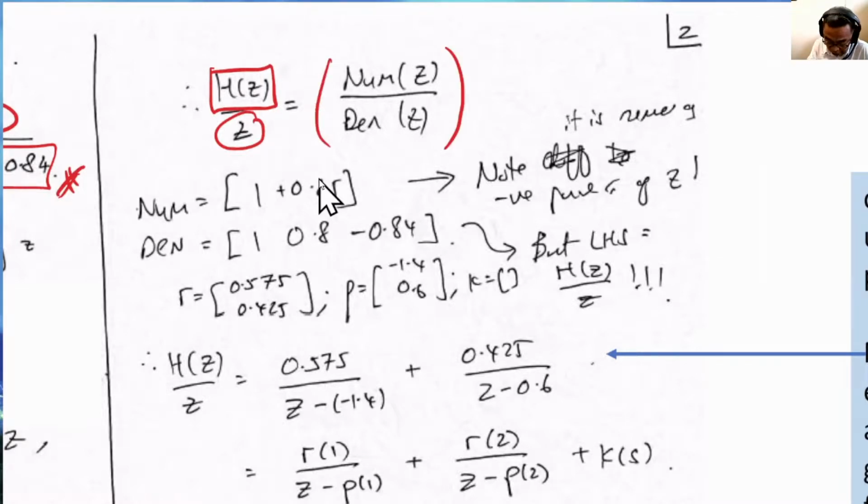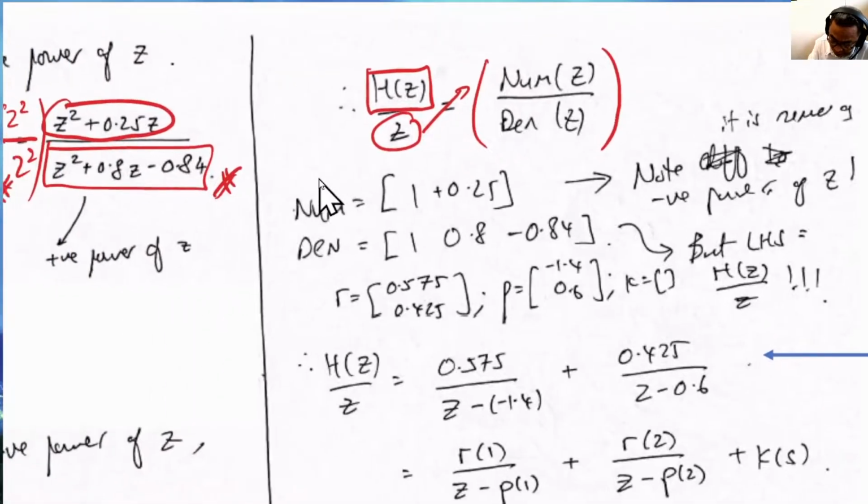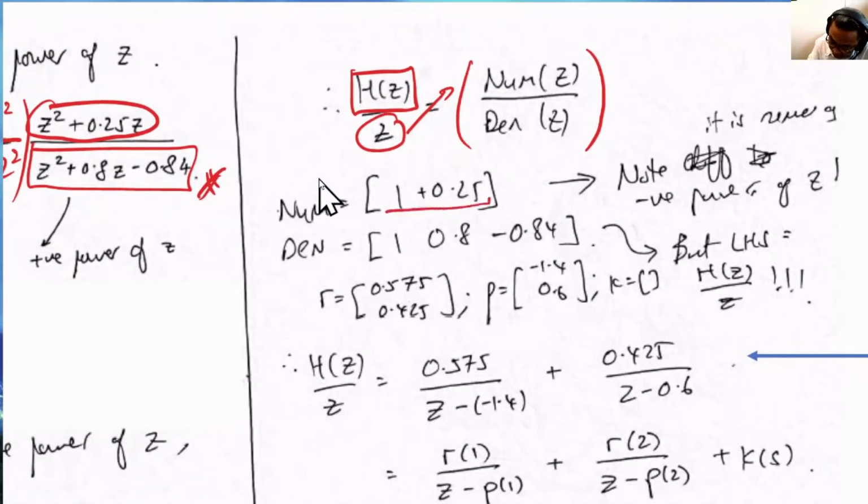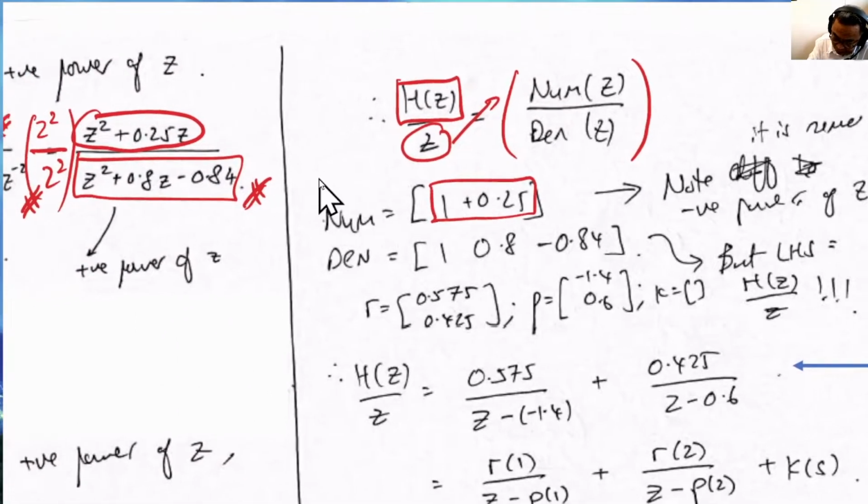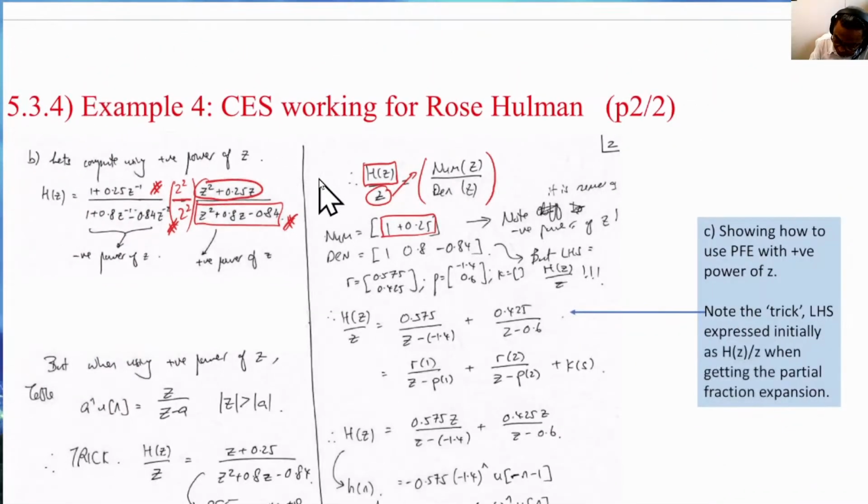This is because later on we'll need to move the z to the right hand side for the typical lookup table we are used to. So the numerator in powers of z is 1 and 0.25, which is here, and the denominator is 1, 0.8, and minus 0.84, which is here.